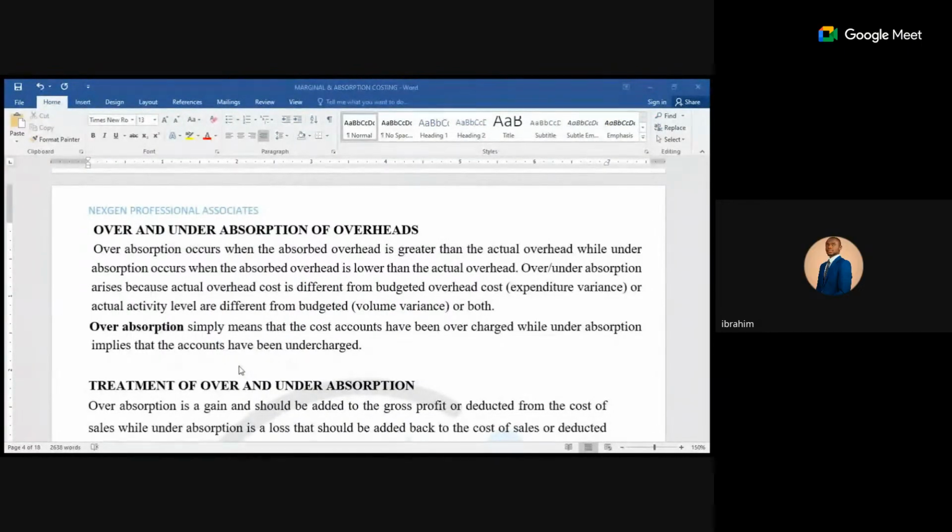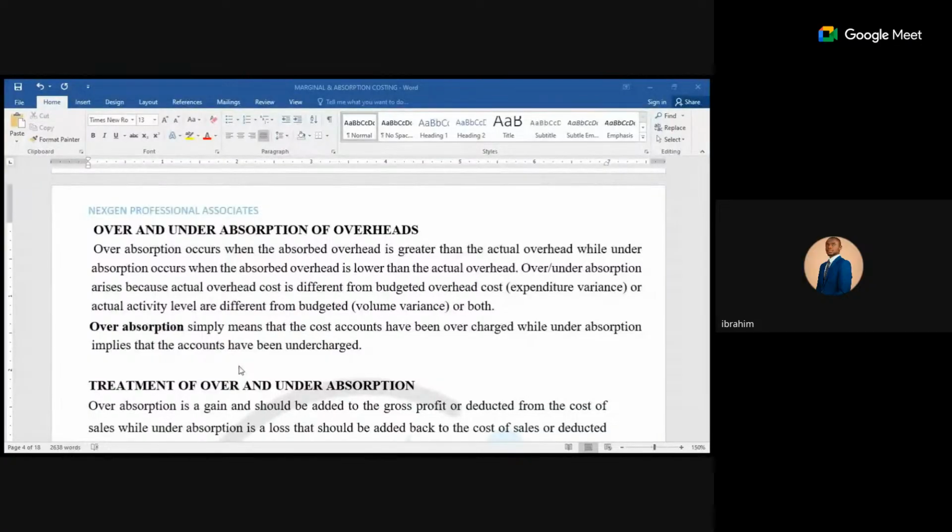I'm explaining this because you need to understand that over-absorption occurs when the absorbed overhead is greater than the actual overhead.